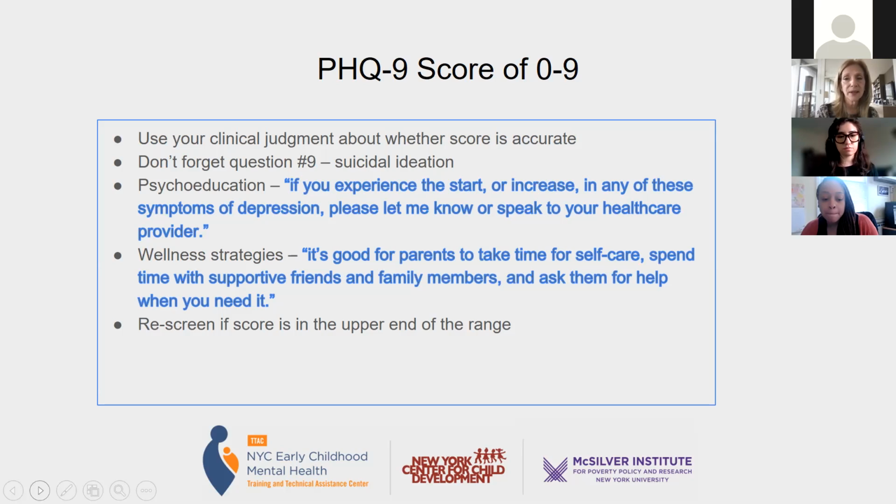It's a good way of psychoeducation to help parents know what the symptoms of depression are, to ask parents to think about ways to promote their own wellness strategies at this range, and then to rescreen again if the scores were in the upper end of this normal to mild range.